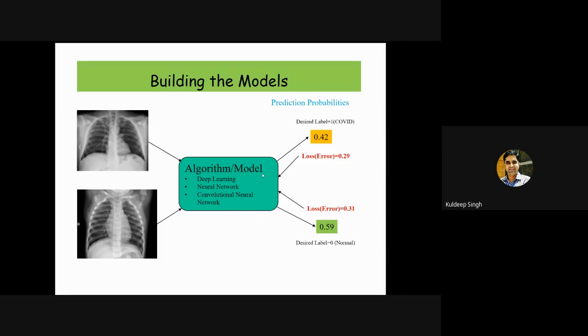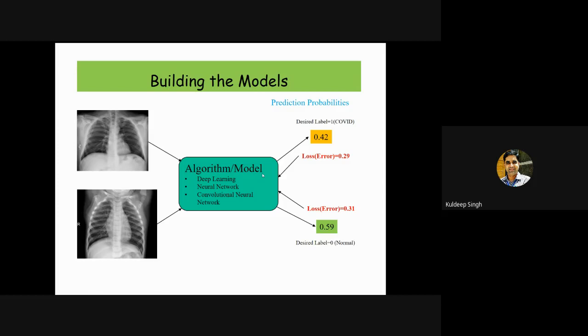So once we start the training phase and multiple iterations have been done, the objective of training or building the models is to minimize this error and make these prediction probabilities or scores as close as possible to the desired label.